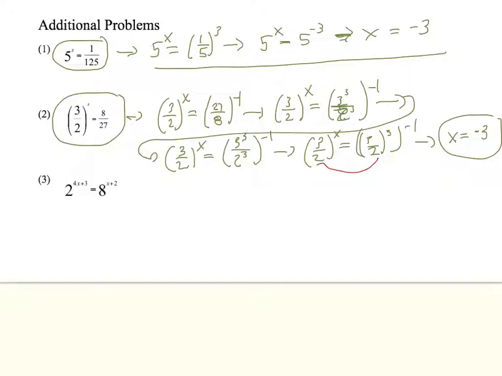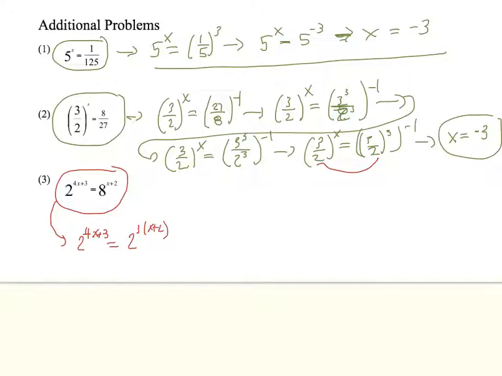The final problem we're going to look at, again, we don't have the same bases, so how do we manipulate that? We're going to leave 2 to the 4x plus 3 is equal to 2 raised to the third power times x plus 2.